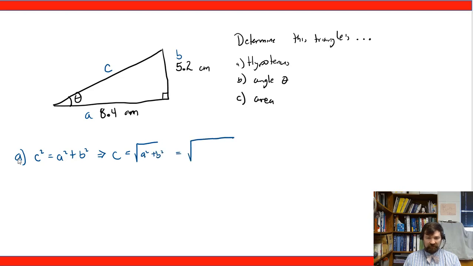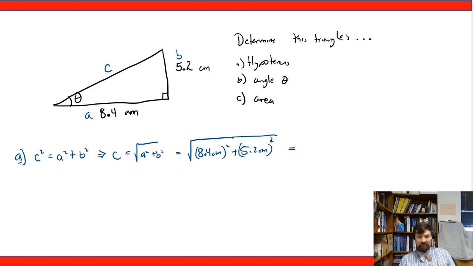So that is the square root of 8.4 centimeters squared plus 5.2 centimeters squared. And so I'm just going to enter all of that into my calculator. I will round to significant figures at the end.